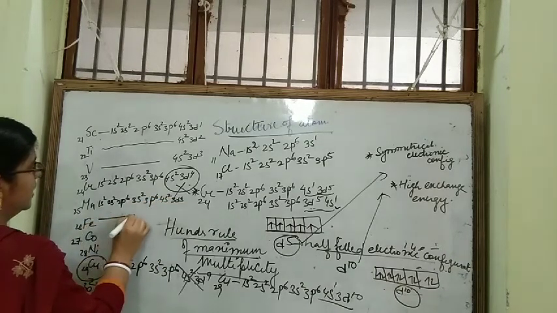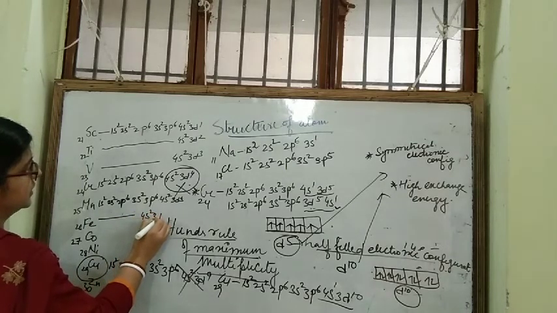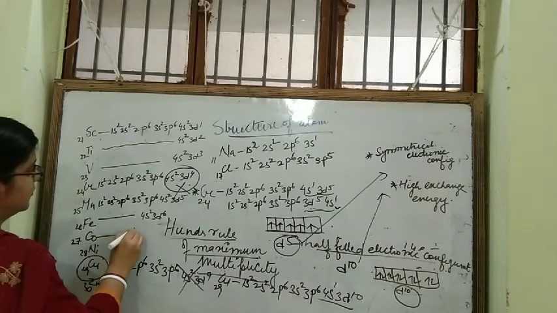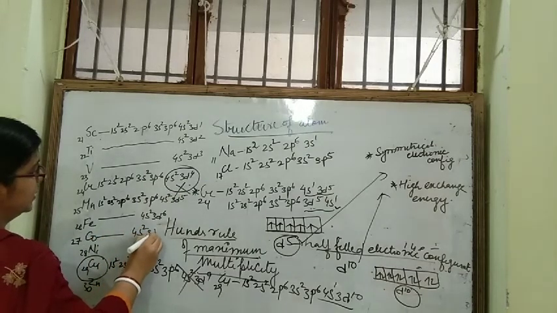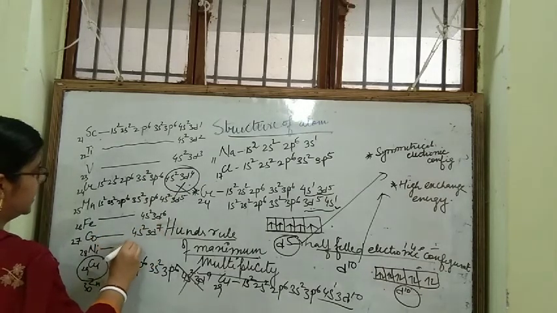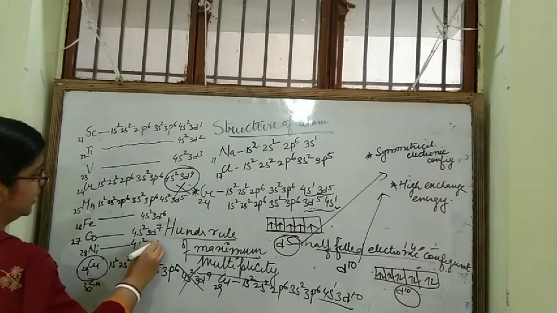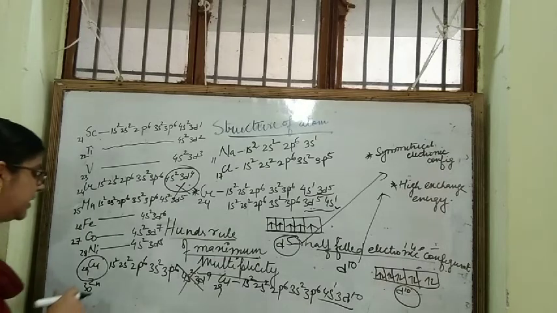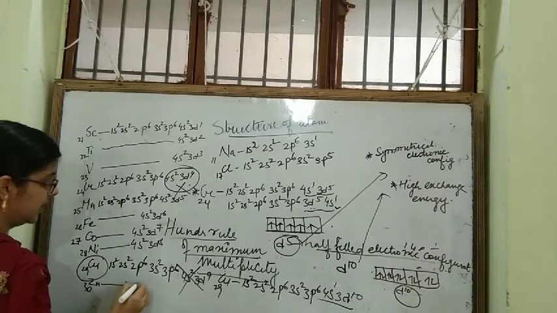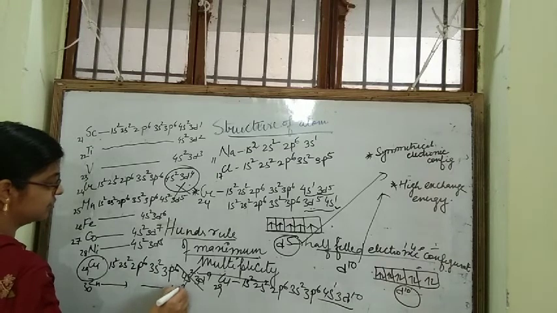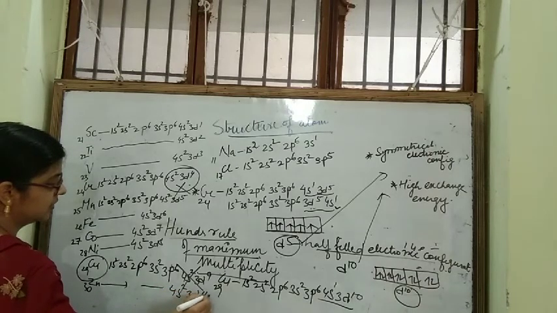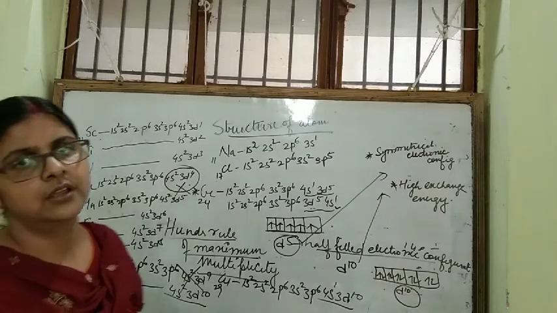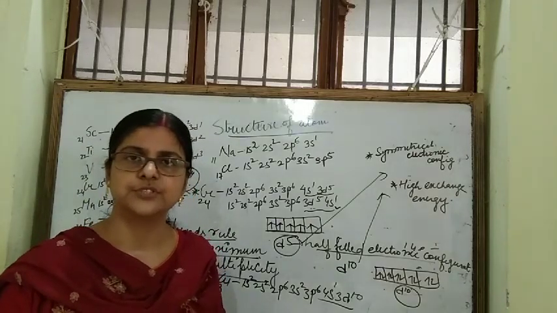Iron, similarly, we'll write 4s2, 3d6. Cobalt, 4s2, 3d7. Nickel, 4s2, 3d8. Yes, of course you will write the beginning part, I am not writing it. Zinc, again, 4s2, 3d10. So for all these electronic configurations, we don't have any confusion.